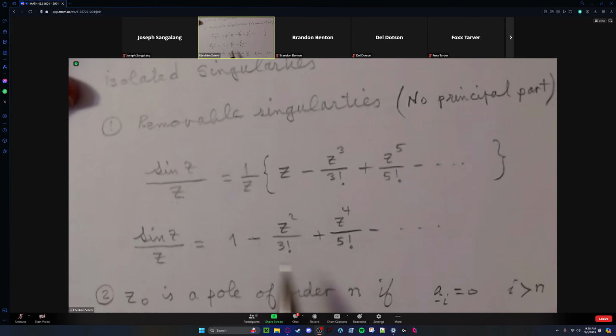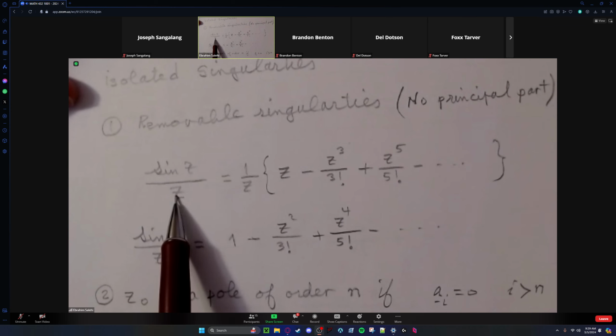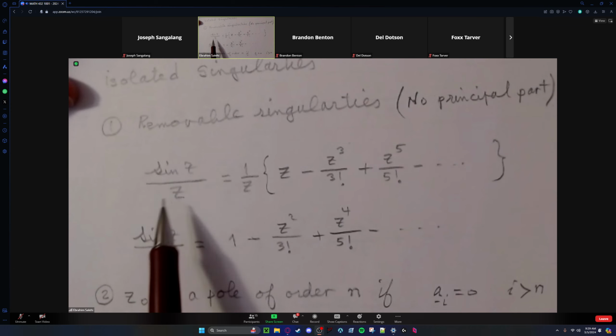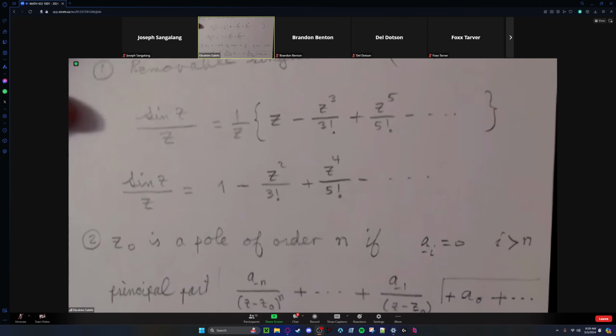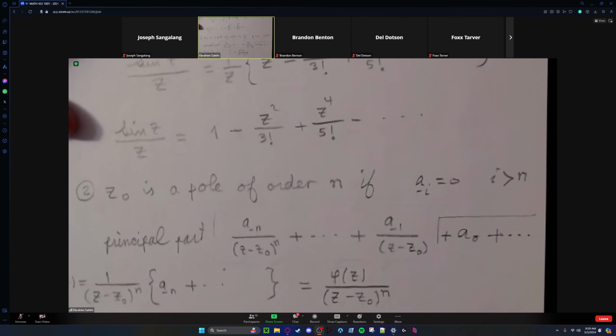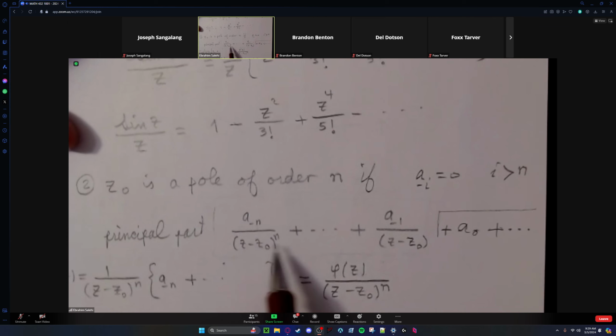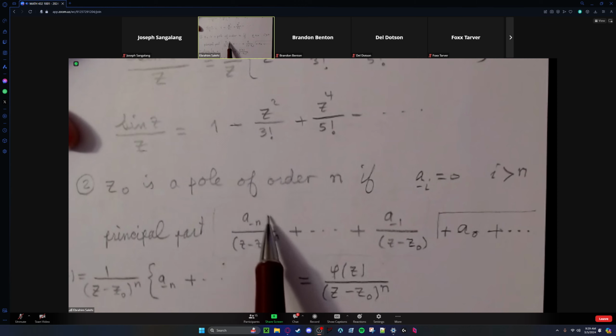You will be left with all positive exponents of z. If such a thing happens, we call that bad point z equals 0 a removable singularity. But if you write the Laurent series and you get such a thing, and this number is not 0, then we call it a pole of order n.